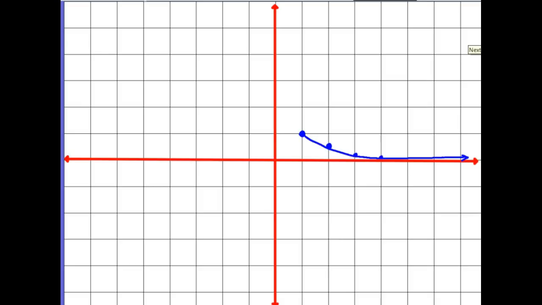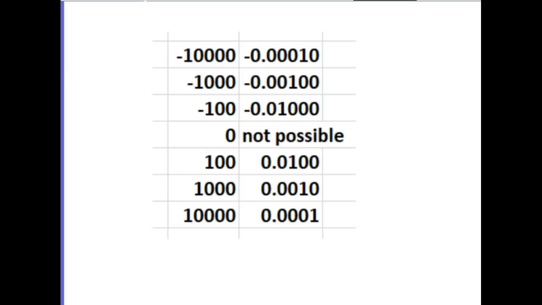So this would be taking the points on that Excel spreadsheet and putting them on my graph, and this is going to get closer and closer and closer to 0. But is it ever going to actually get to 0?